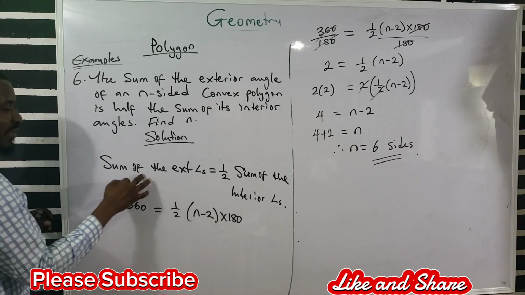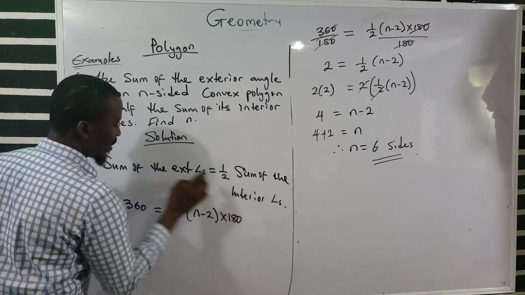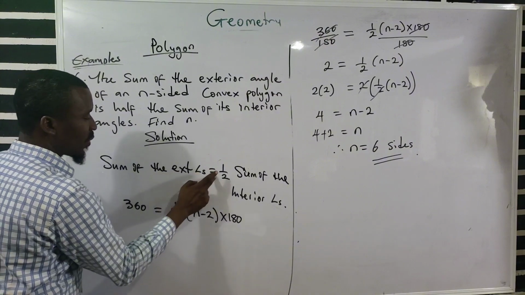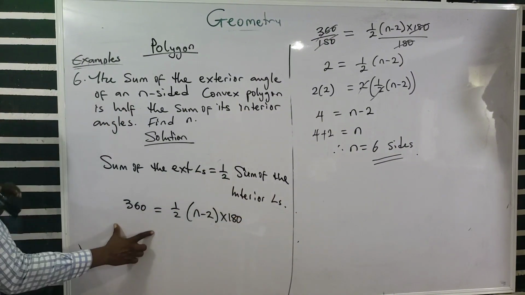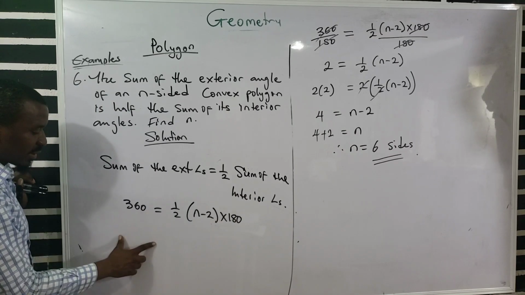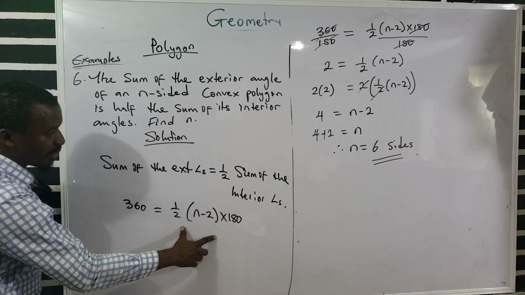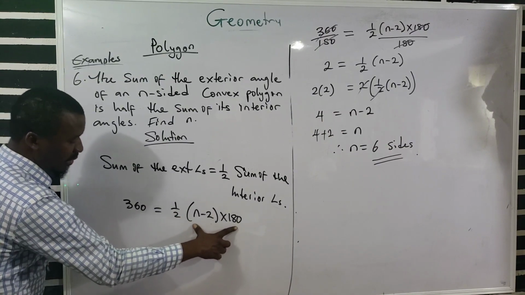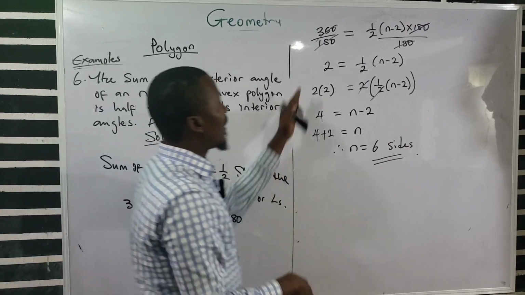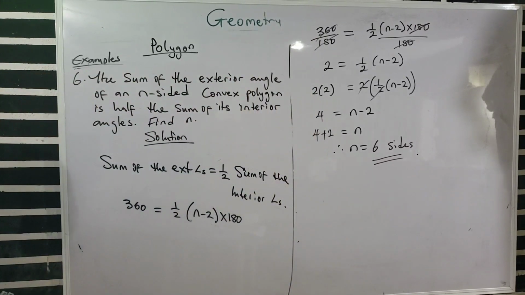What is the sum of exterior angles? 360 degrees. What is half of the sum of interior angles? That is half of (n minus 2) times 180. So when you solve this problem, following these steps, you will get n equals 6.